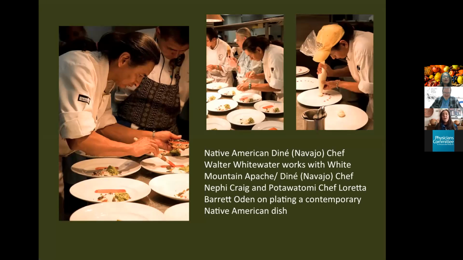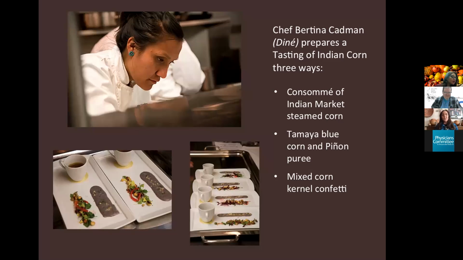Walter loves to use dots. You can see him with the potatoes there, dots, and some of the other chefs. There are chefs all over the United States now that want to pass on this information. This is a great shot. This is Bertina's corn 3 ways. So we have blue corn mush, a corn salad, and a corn soup, right? And if that were on the menu somewhere, I know I would order it.